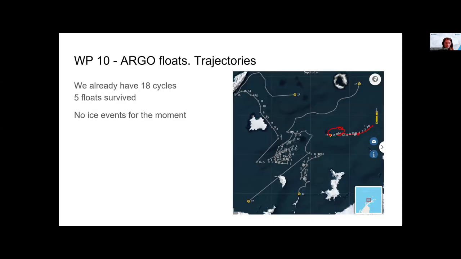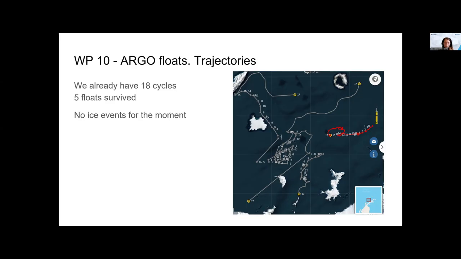Here you can see the trajectories. Unfortunately, for now we have 5 floats instead of 6. No ice event for the moment. So I hope that in future we will receive the signal from float number 6. Our idea is that maybe it's because of changes in temperature or change in bathymetry, maybe it will send the feedback a little bit later, but we are hoping for the best.